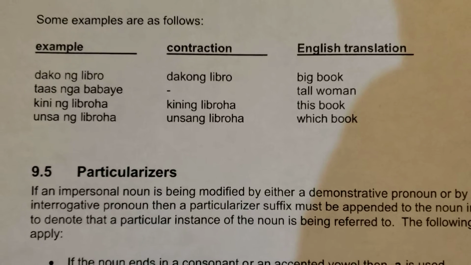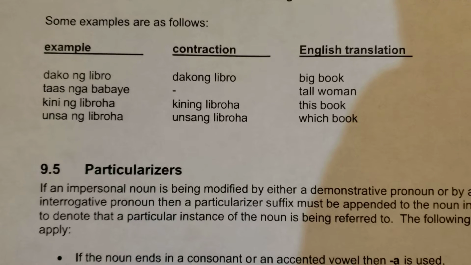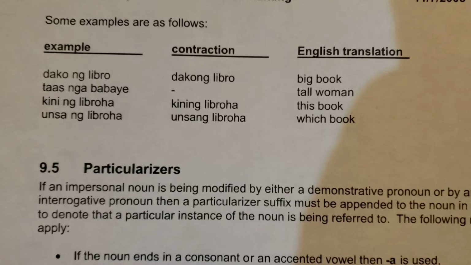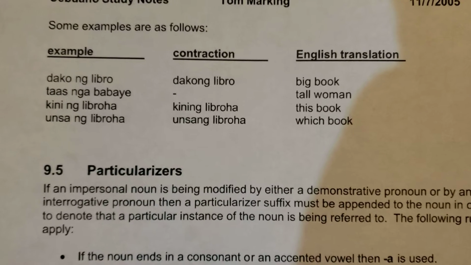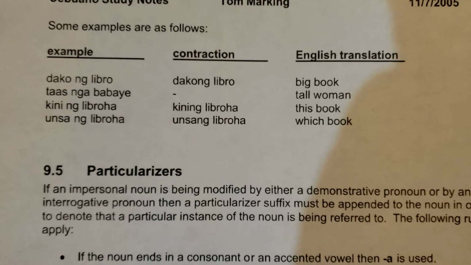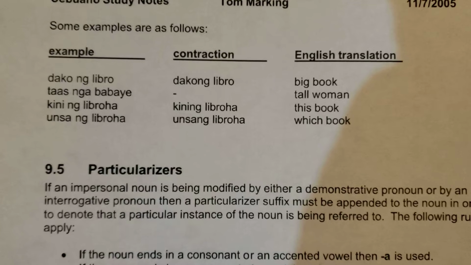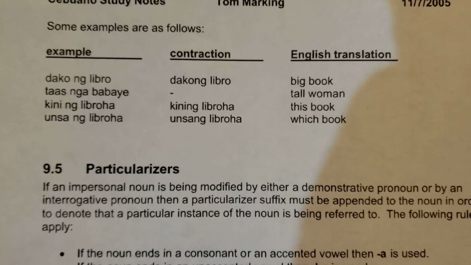Some examples are as follows. Big book, dako nga libro, will be contracted to dakong libro. Tall woman: we'll use nga. Taas nga babae.